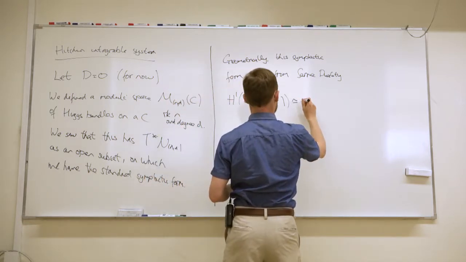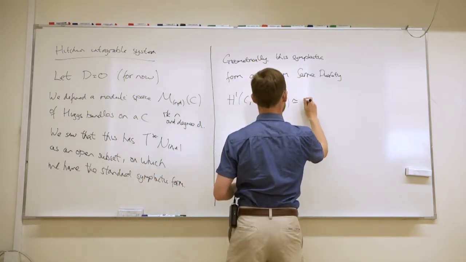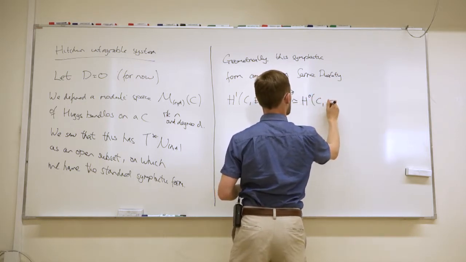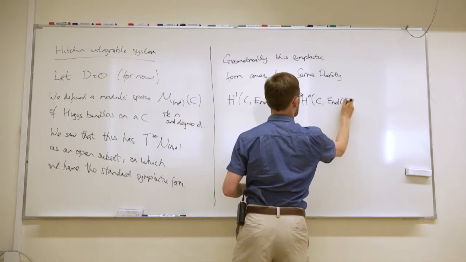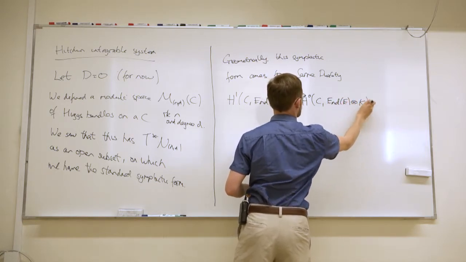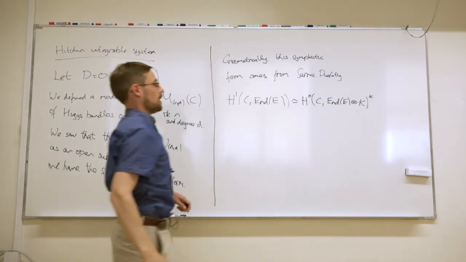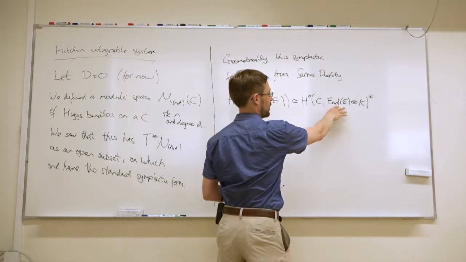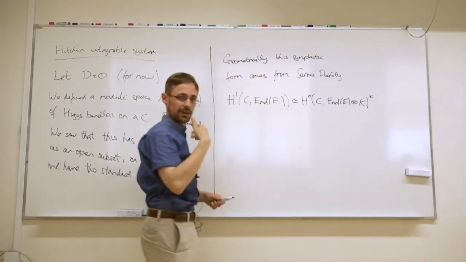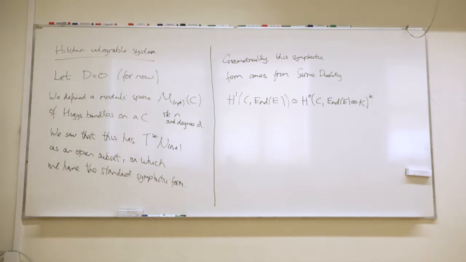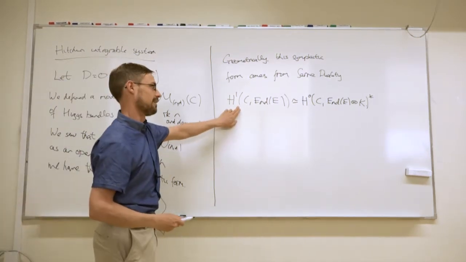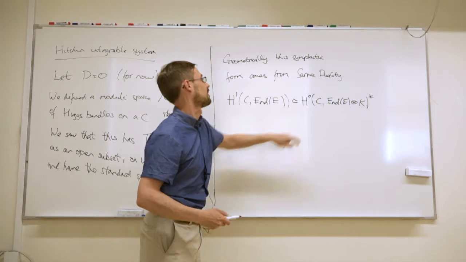And so this is dual to global sections of this twist of the endomorphism bundle by the canonical bundle, which is exactly where our Higgs bundle lived. So at least if you're at a stable bundle here, this gives you a tangent vector, and this is a cotangent vector.